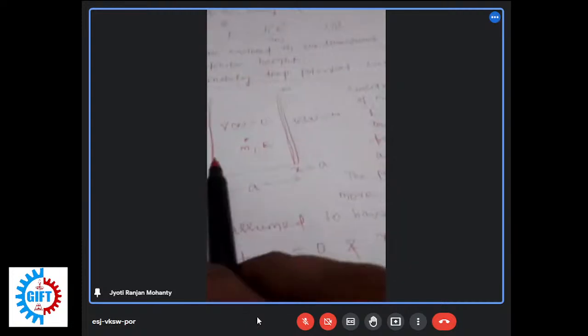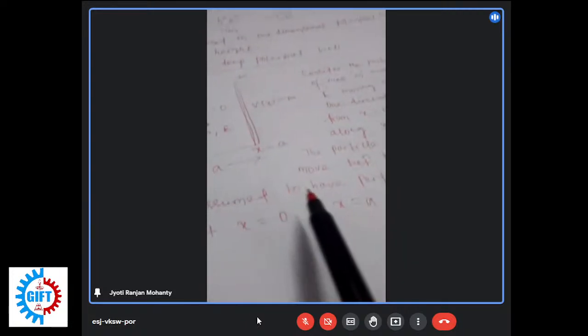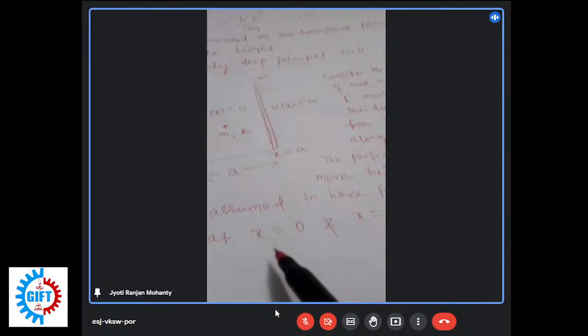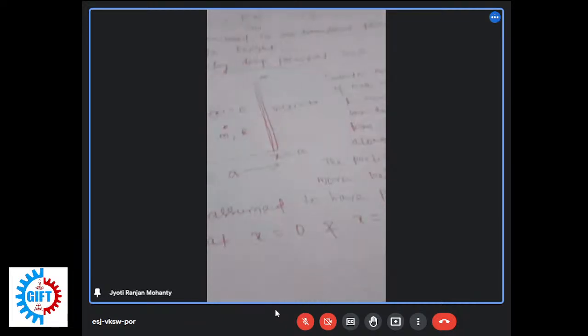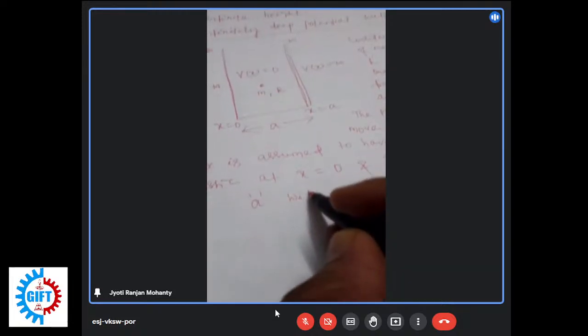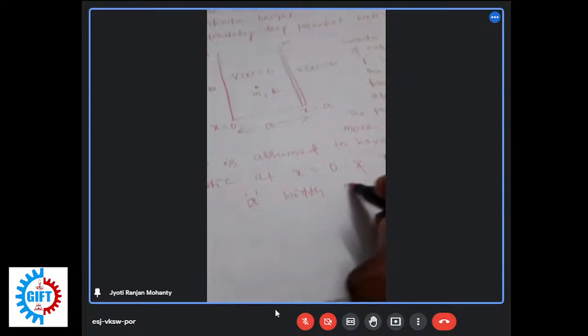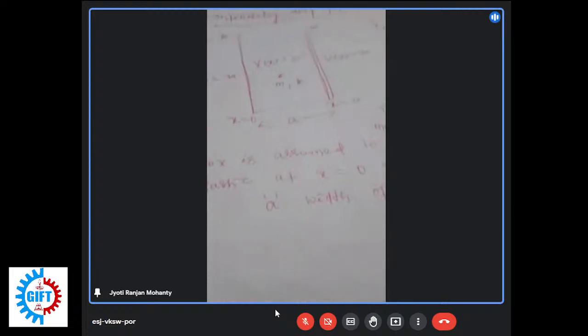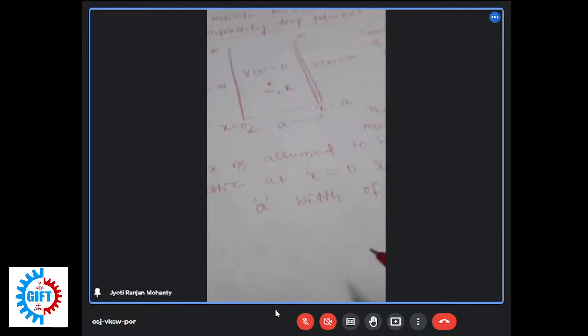That means these are the walls, or we can say the box is assumed to have perfectly rigid, very solid material and elastic at x is equal to 0 and x is equal to a, with a being the width of the box. We have to make the box having width a.